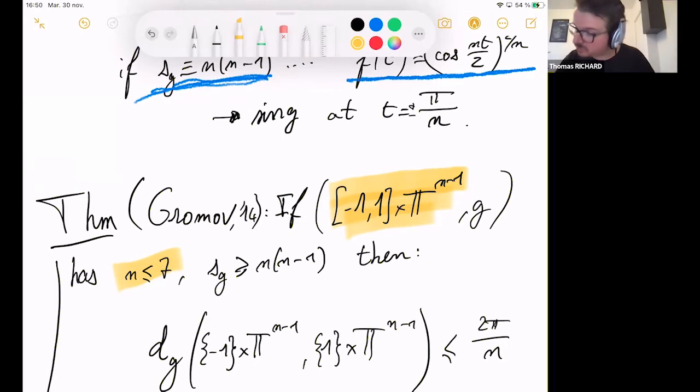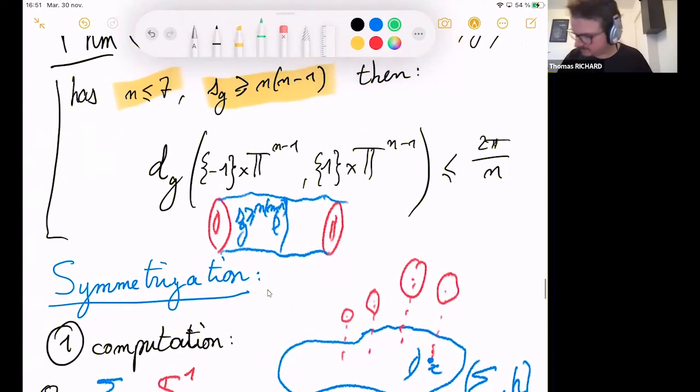Then, yeah, maybe let's make a picture. So assume that you have T^(n-1) at each end, and that you fill it here by a metric on the product where the scalar curvature is bigger than something.